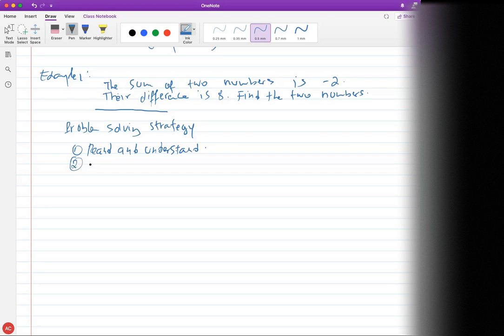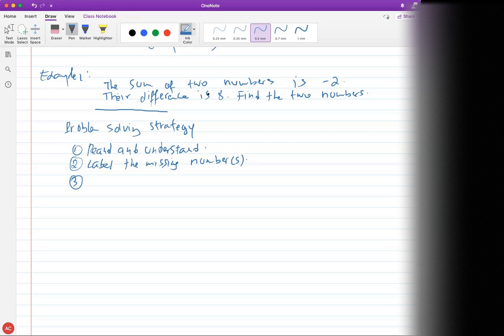Then you want to label the missing numbers, number or numbers depending on what's missing. So you want to understand what's missing, how many numbers am I missing, so know exactly what you're looking for. Know before you go, as they say. Number 3 is to translate the word problem into equations.